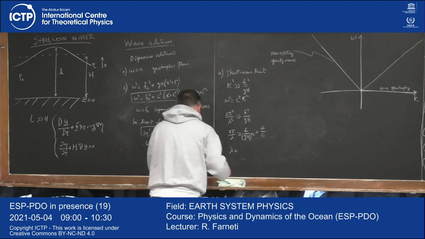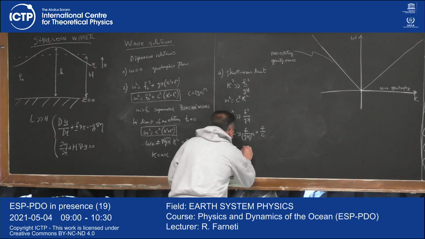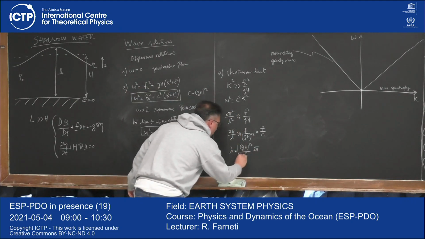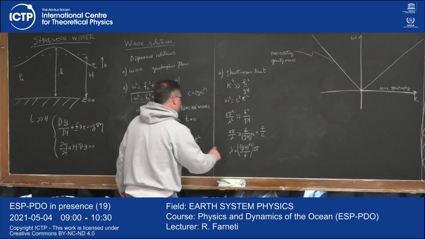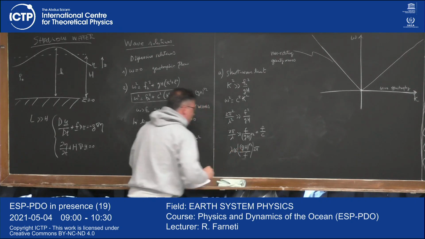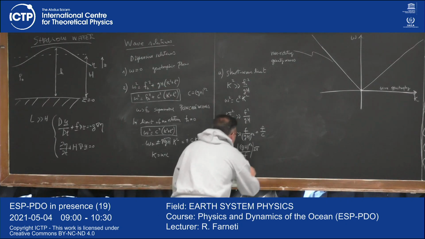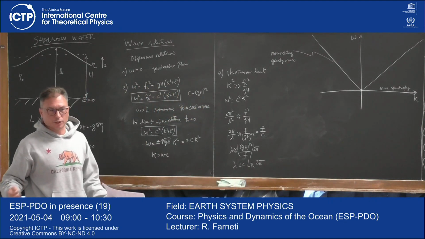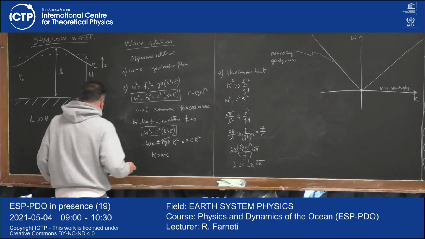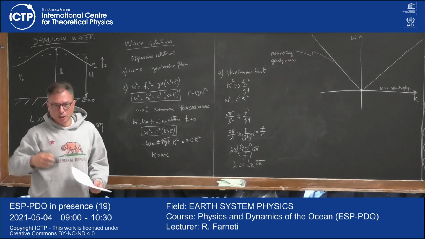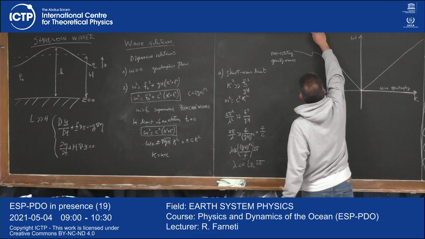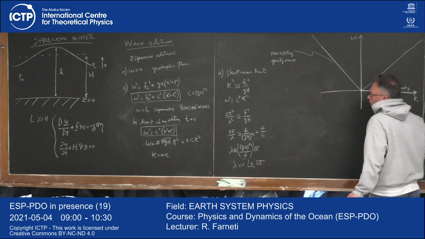So lambda is square root of gh over f, times 2 pi. And what is this? So the wavelength is much smaller than the Rossby radius. Okay, so the wave is too small to feel rotation. Rotation exists, but the wavelength is too short compared to the Rossby radius. So the wave doesn't feel rotation in the short wave limit. So we are somewhere here, and somewhere here for very long wavelengths.